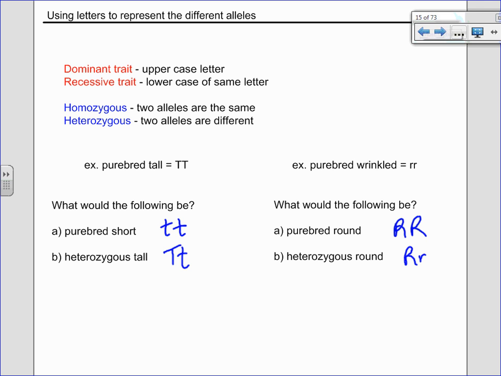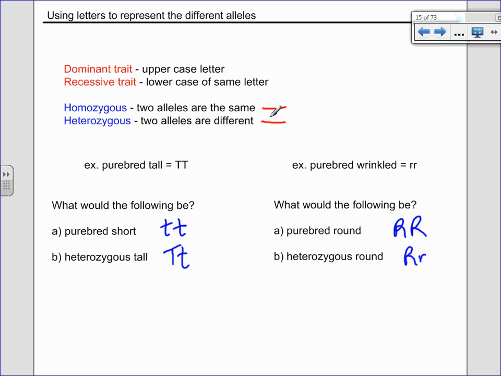So when we talk in terms of dominant and recessive traits, we already kind of talked about this a little bit, but for the dominant trait, we use the uppercase letter. For the recessive trait, we use the lowercase letter. And for the dominant trait, we usually use a letter that represents that trait. So if tall is the dominant one, we'd use a T, big T. Homozygous, we said already, is when two alleles are the same.